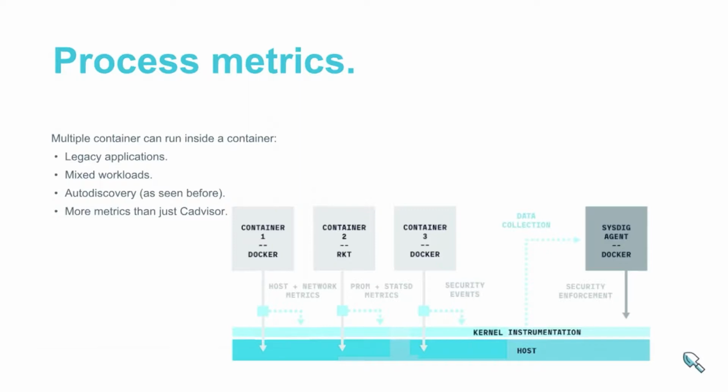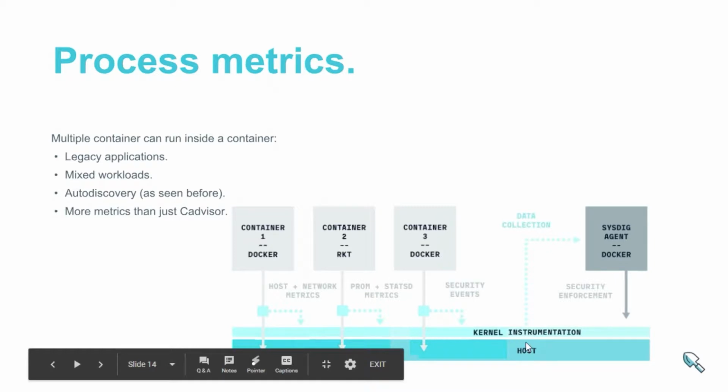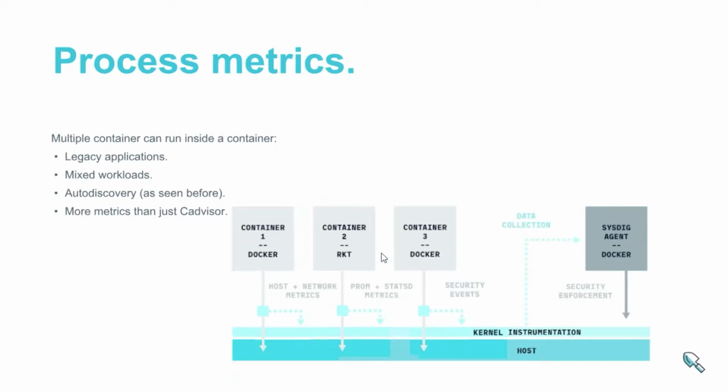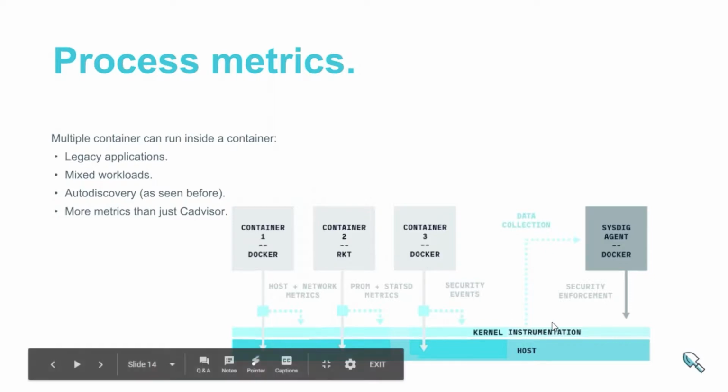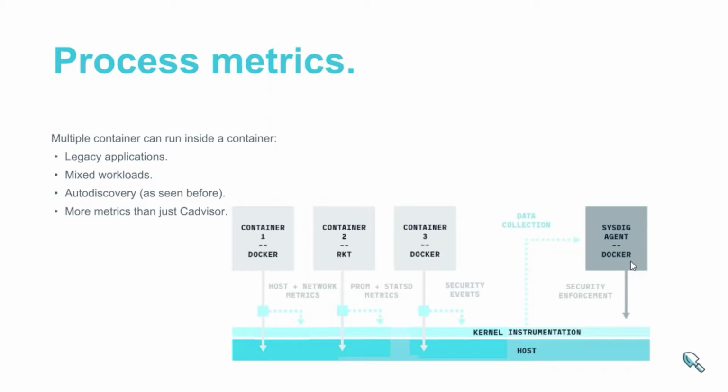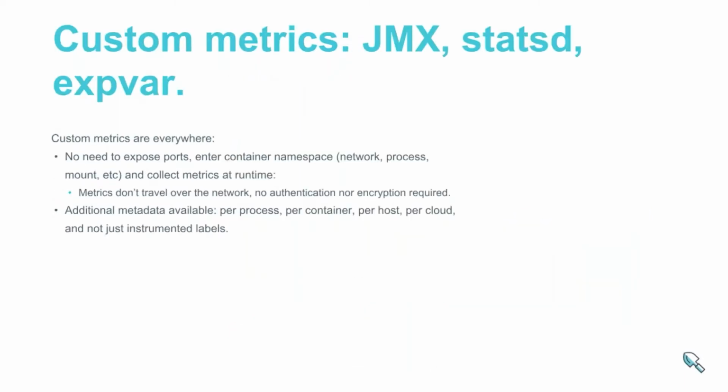The way that Sysdig does this is basically hooking at the kernel level, capturing all the system calls coming from different processes and containers, which is basically a process running inside the namespace. We capture all those system calls and then move them into user space, where the agent that typically runs in a container deployed with a daemon set can analyze all those system calls and generate monitoring metrics and observability for all the applications and containers running on that node.